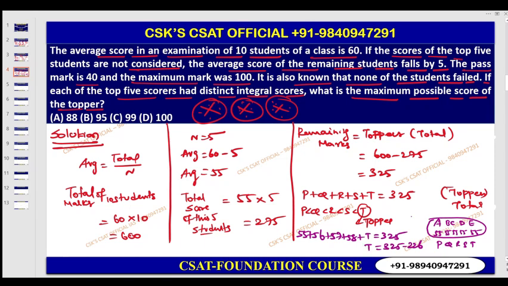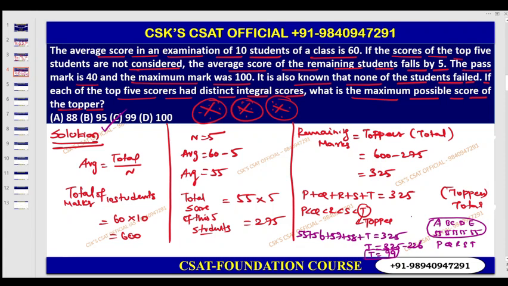This 226 is nothing but 55 plus 56 plus 57 plus 58. If you subtract this, you will be getting 99. So the maximum possible score for the topper is nothing but 99.